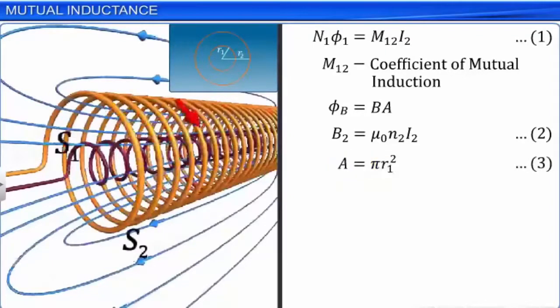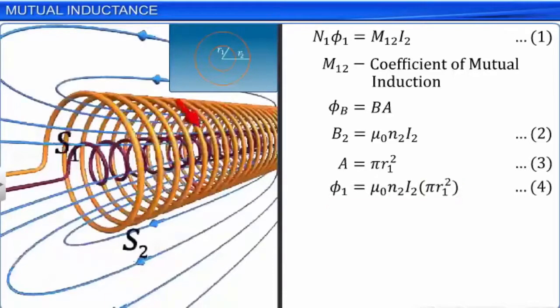Multiplying equations 2 and 3, we get the value of the magnetic flux in the coil of solenoid S1 as phi1 equal to mu naught n2 I2 into pi R1 square. Let this be equation 4.